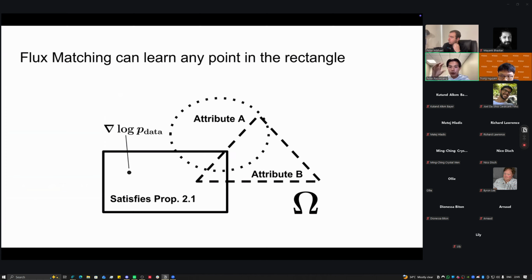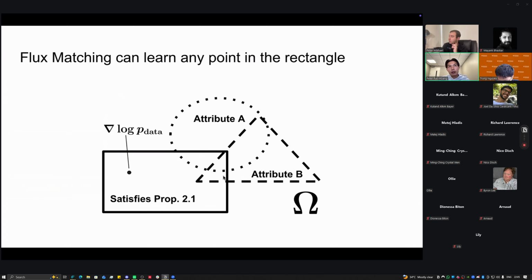The entire point is that it doesn't make much sense to have an unconstrained vector field, because then you can learn any vector field. It's more that if you have some prior or some advantageous characteristic you want, you can enforce it within this vector field while still guaranteeing you sample data. But it's a good question.